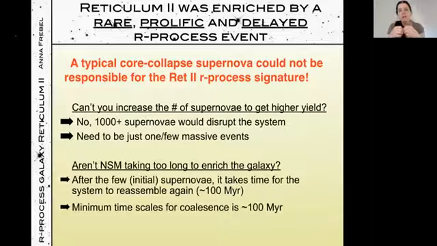And after you puff things up, it takes a little time to cool down. And that also takes about 100 megayears. And maybe that was just enough time for this neutron star merger to do its thing before the next generation, the second generation stars, were formed.